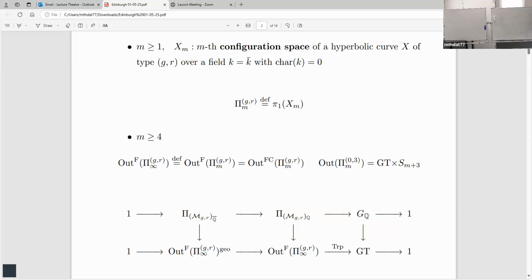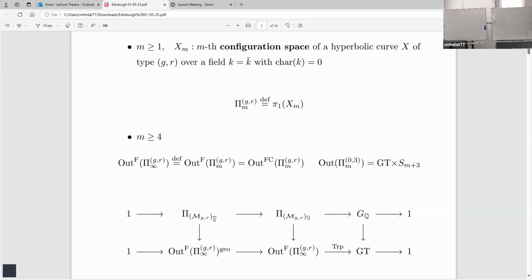Out F pi infinity GR, I have just discussed this. And then one has a map, this middle vertical map from pi MGRQ to out F pi GR infinity. So the fundamental group of MGRQ acts on the fundamental group of configuration spaces by outer automorphisms.